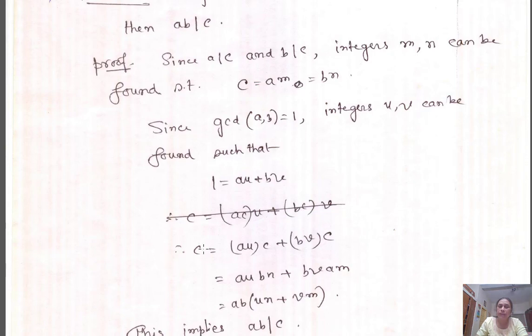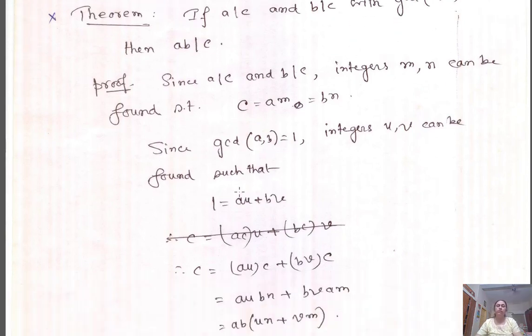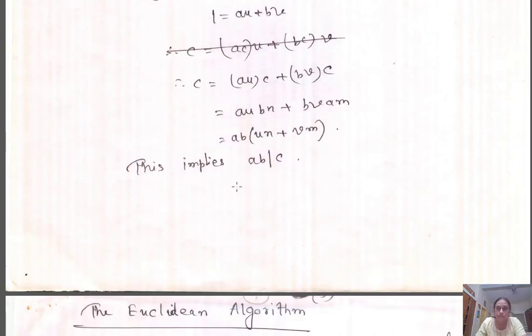So C can be written as this. This implies that AB is a factor of C. So if A divides C, B divides C, and A and B are co-prime, then AB must divide C. This way you can establish this fact.